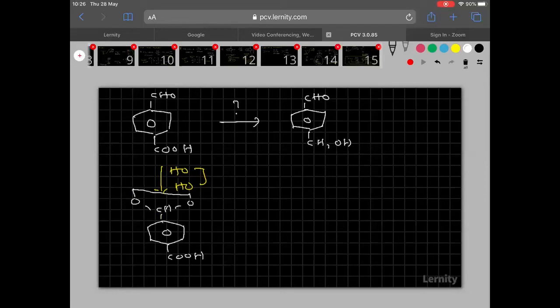Clear? Now we have to use the lithium aluminum hydride, strong reducing agent. It reduces acids to alcohol. As it is, again by doing the hydride.